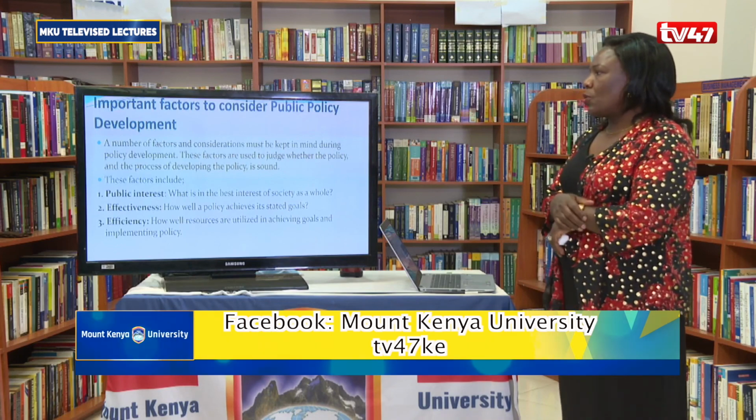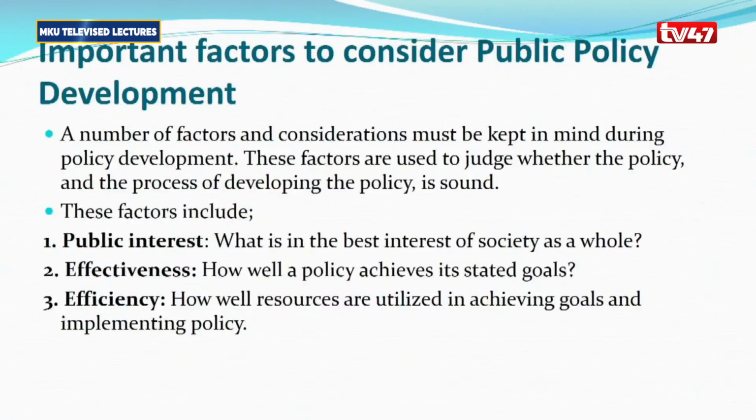Important factors to consider in public policy development. 1, it's public interest. What I'm saying here, a number of factors and considerations must be kept in mind during policy development, and one of them, public interest. Number 2, effectiveness. Number 3, efficiency. All right, what are those 3? Public interest.